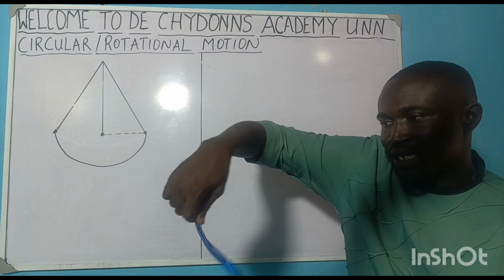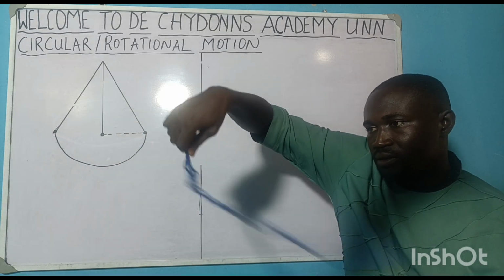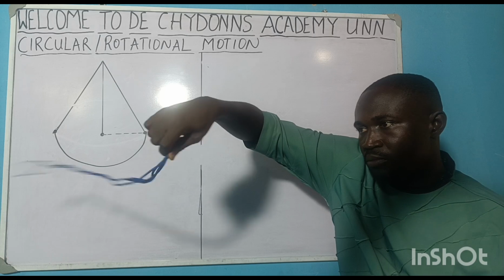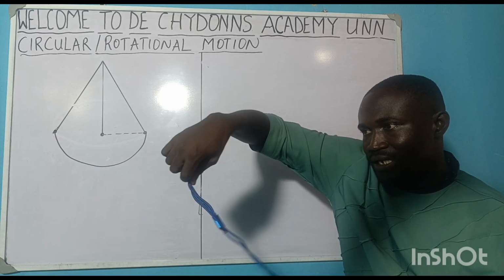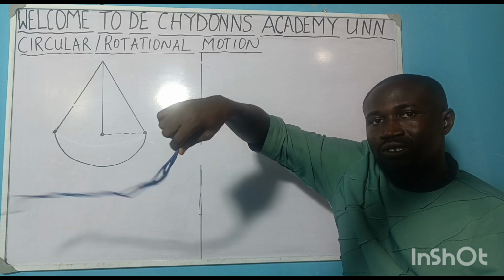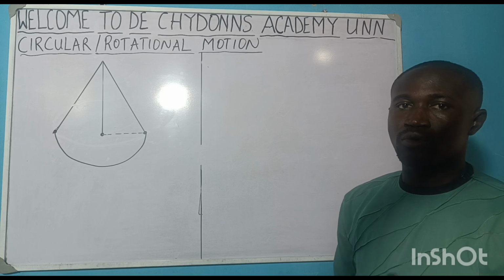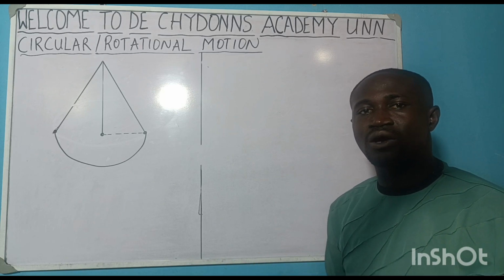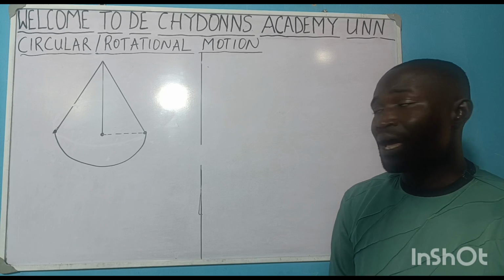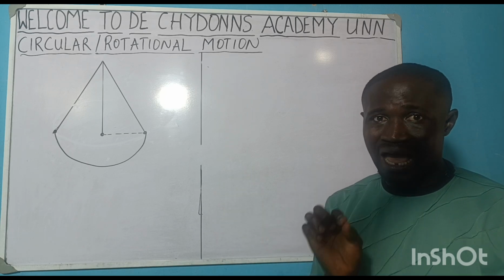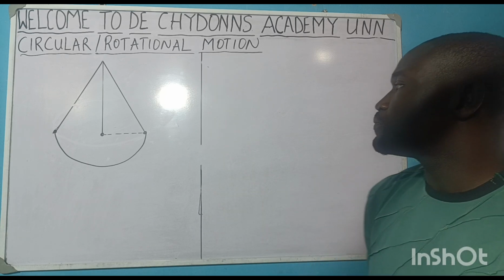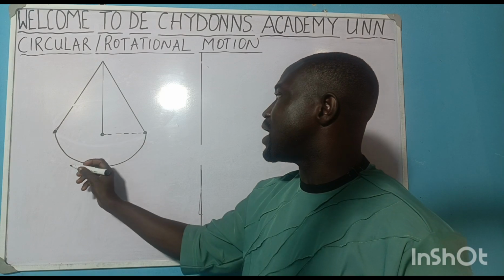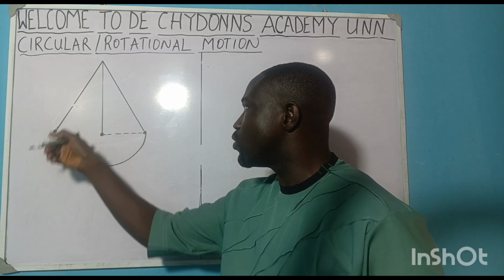It rotates horizontally. When a body is moving horizontally like this, we say it is horizontal circular motion. So a lot of things happen in a body that undergoes horizontal circular motion, and that is what we want to sort out now. Now, look at this body. Look at that ceiling fan rotating horizontally.